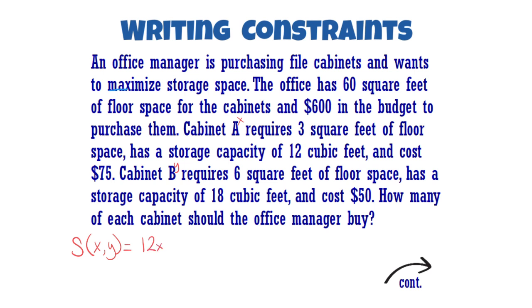So I'm going to write 12X. And cabinet B had a storage capacity of 18 cubic feet. So that's how I'm going to maximize that storage space. This is going to be my objective function. That also means that I am not talking about storage capacity in my chart at all.